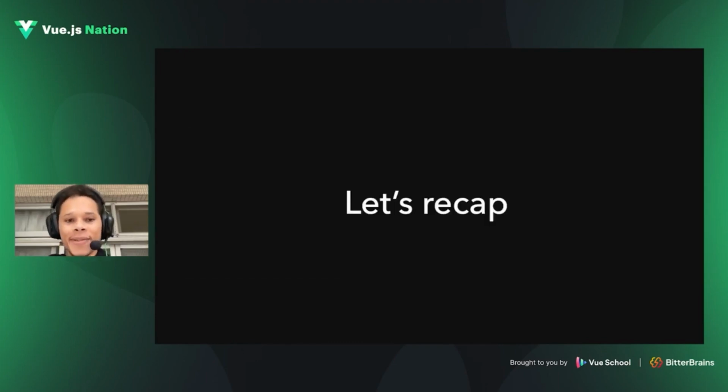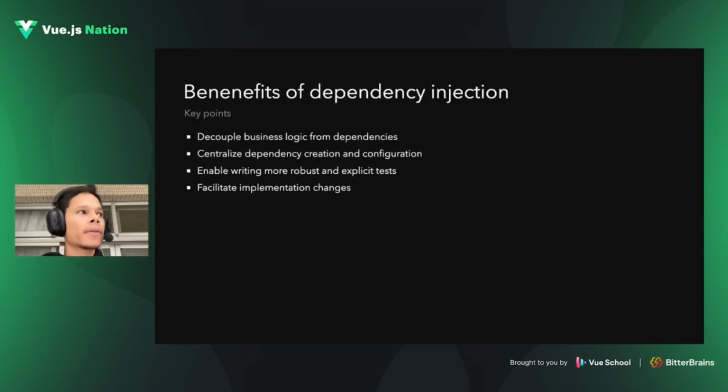All right, let's recap what we learned here. I think the main benefit of dependency injection in our Vue or Nuxt app is that we managed to decouple the business logic, so fetching users, from the dependency, which is connecting to the Supabase user table and making a select request. We also managed to centralize the dependency creation and configuration in the Nuxt plugin.